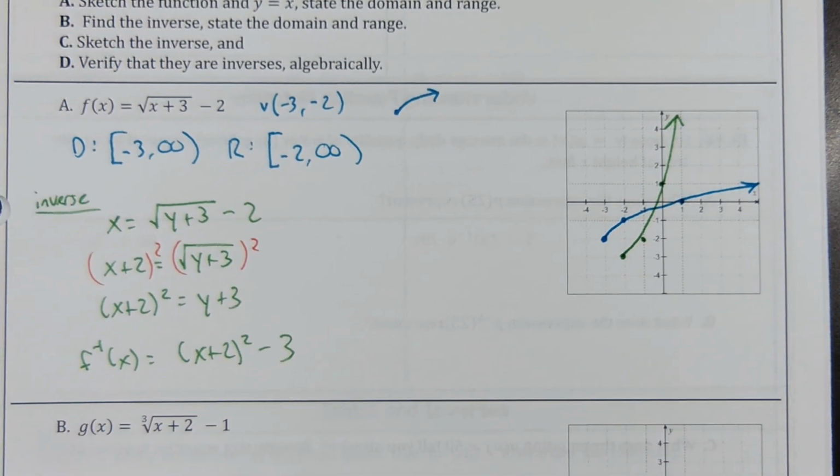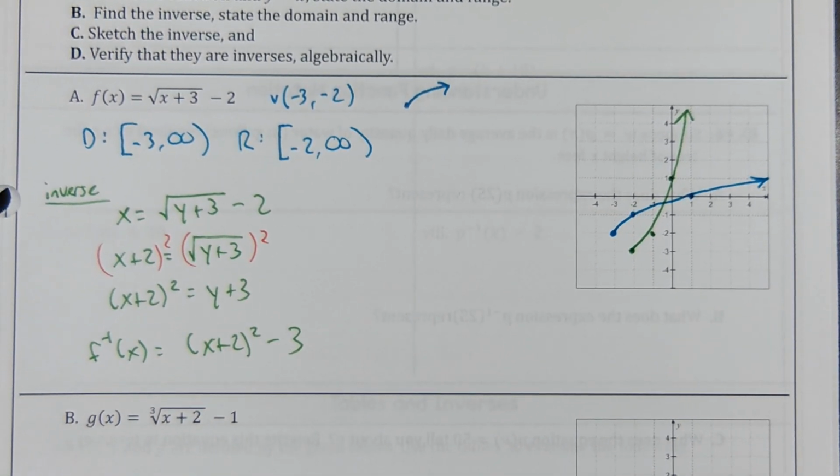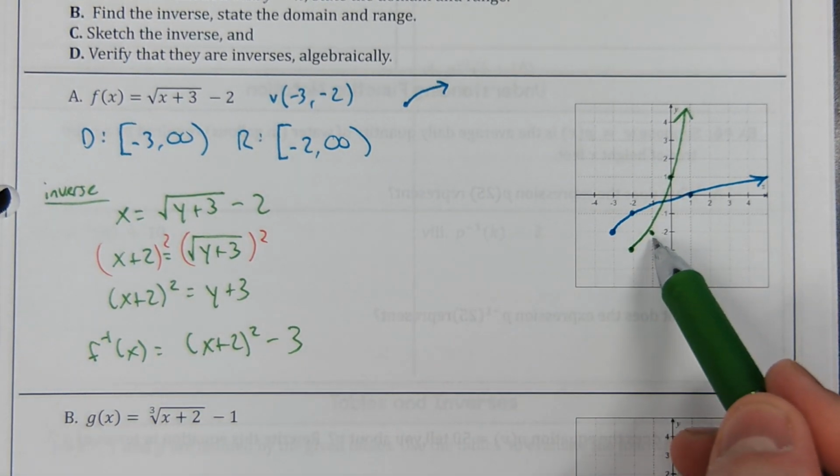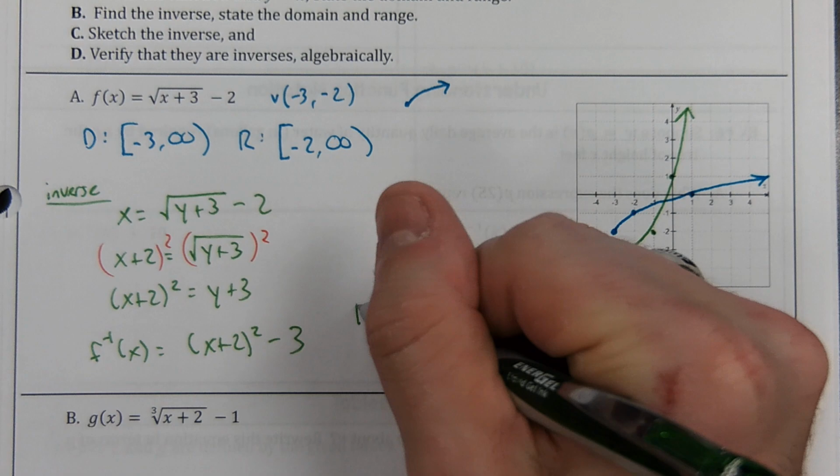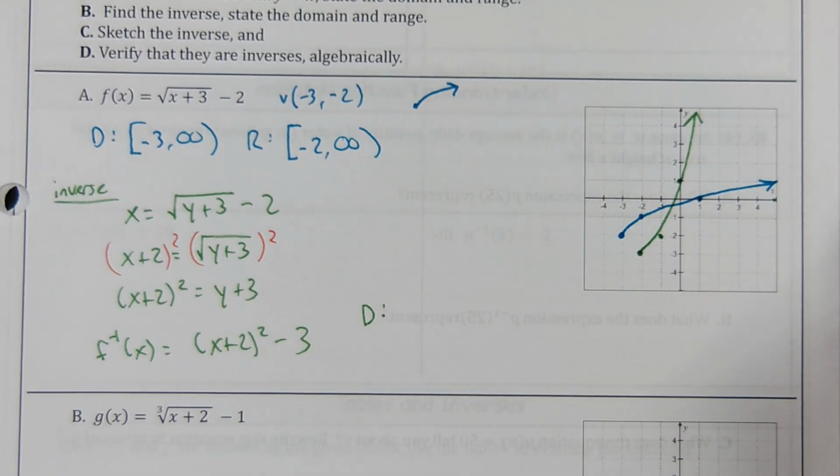That is precisely half of a quadratic. Go home, quadratic, you're drunk. I missed that dot. But you could see it's the right side of the quadratic. Its domain is all the numbers to the right of the vertex.